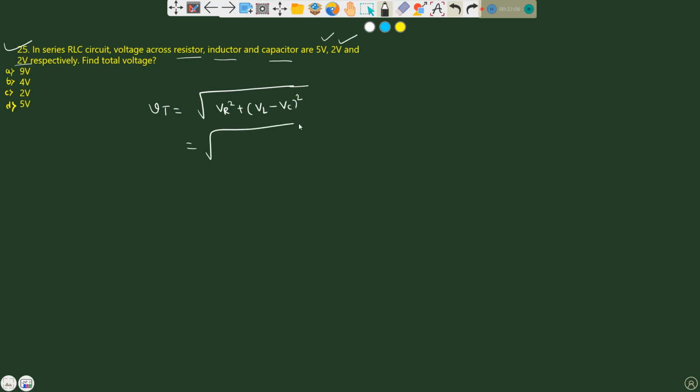Vr is 5 volts, Vl is 2 volts and Vc is 2 volts, so Vl minus Vc becomes 0. Then we are left with 5 square, which is 25. Under root of 25 is 5. So the answer will be 5 volts.